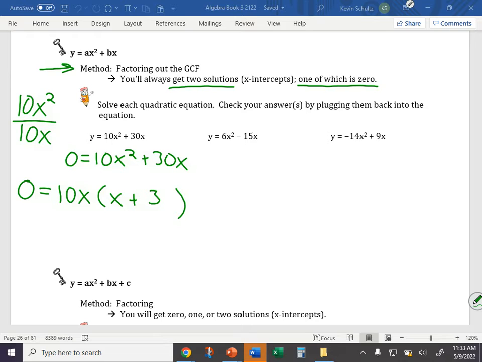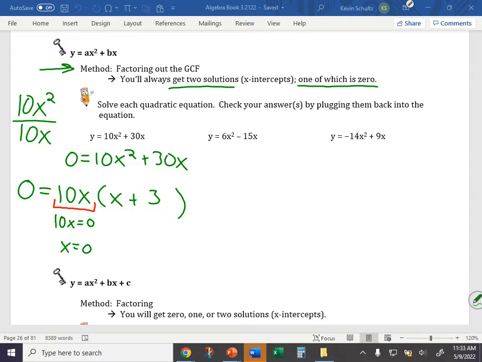Okay? And since we're multiplying this quantity 10x by that quantity x plus 3, our goal is essentially what value for x makes 10x equal to 0. Right? Because if we set 10x equal to 0, what would x be for 10 times x to be 0? 0. Remember, one of your answers is always 0.